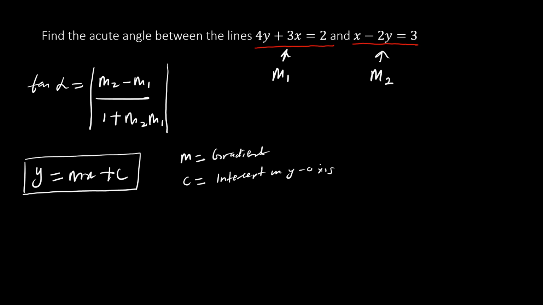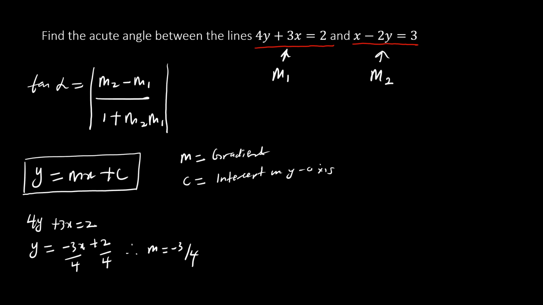So to compare the first equation with the general equation of a straight line, we have the first equation to be 4y plus 3x equal to 2. We are going to write this now in the form of the general equation. We now have y equal to minus 3x plus 2, all over 4. Therefore, we have m equal to negative 3 over 4.